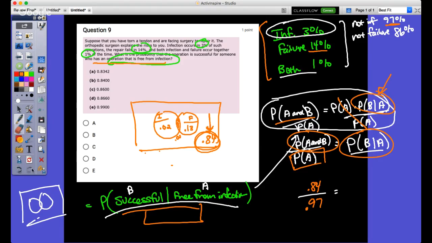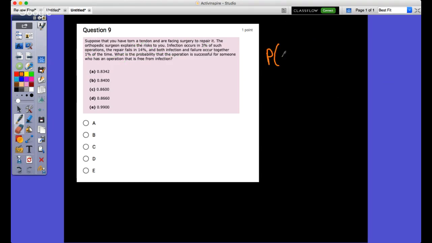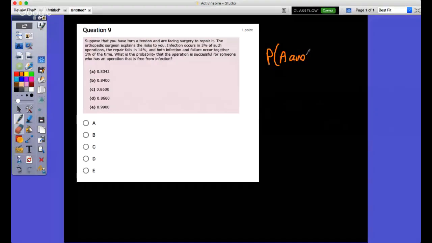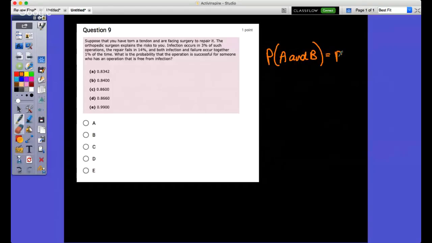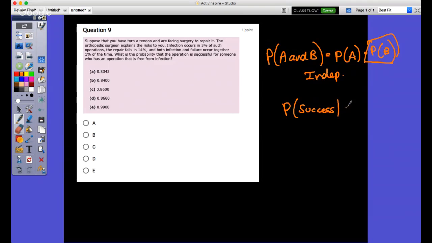For instance, if I said the probability of failure and infection is equal to the probability of failure times the probability of infection, then this would actually be an independent event. But notice this was not true, right? In fact, we showed that this wasn't true because we were trying to find the probability of success given that they were free from infection.